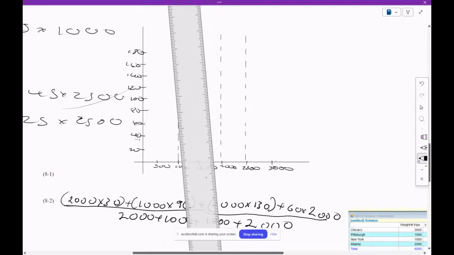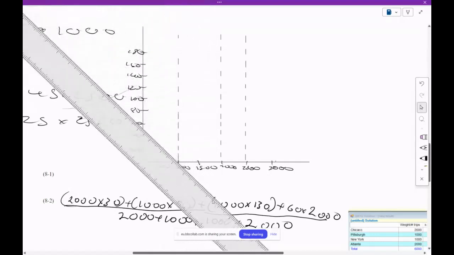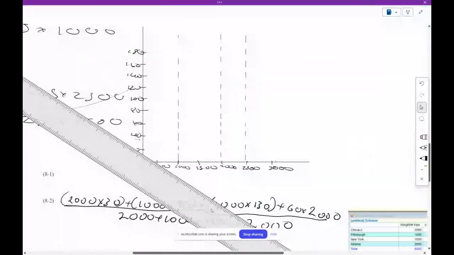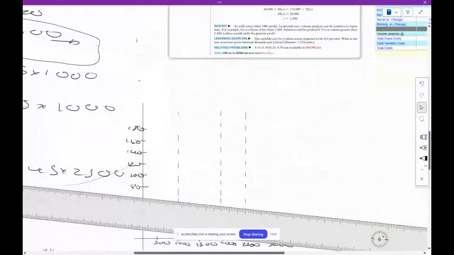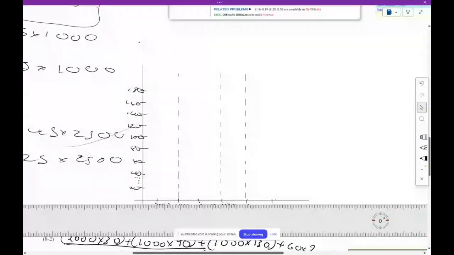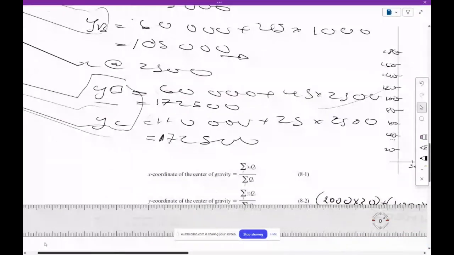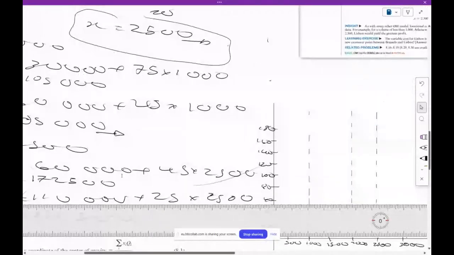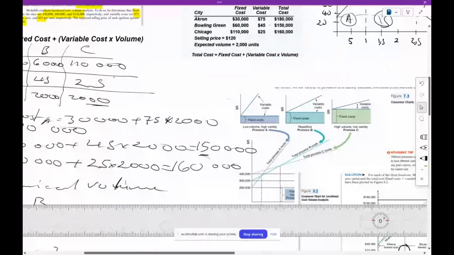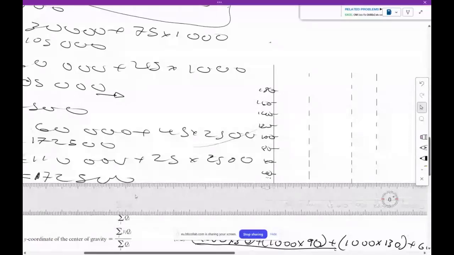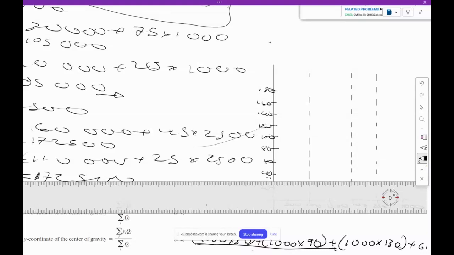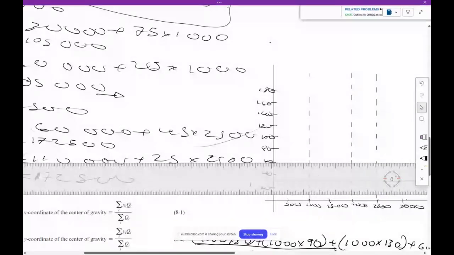Then we have the costs for Y now. Where are my costs? Okay, which is $30, $60, and $110.